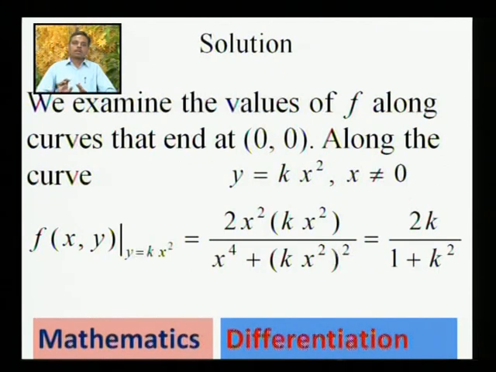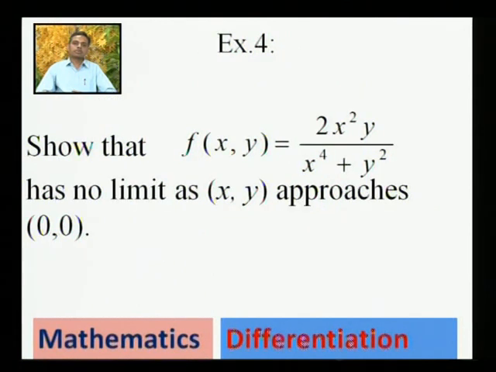So, we examine the values of f along curves that end at (0,0). Along the curve, let us now take y equals kx², where x is not equal to 0. So, let us find the value of f(x,y) at y equals kx². If you put y equals kx² in our equation, you can recall our equation is 2x²y.